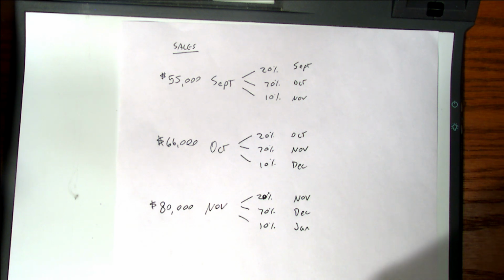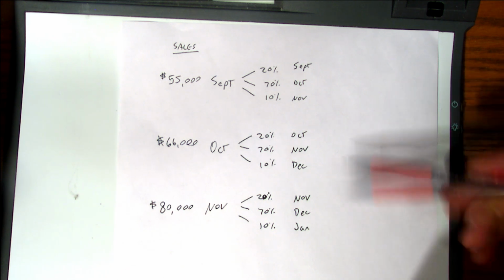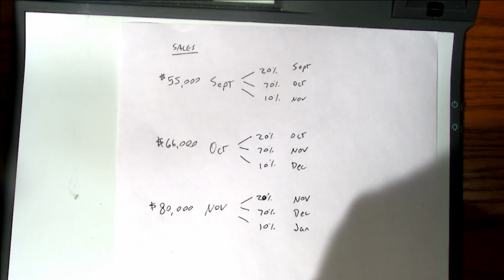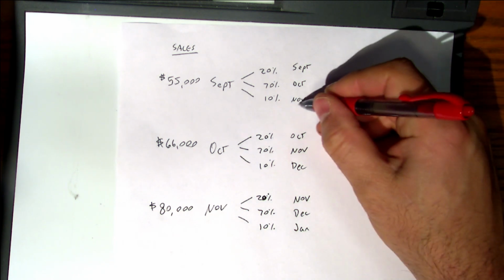Now, what are they specifically asking us to prepare in this quick study? A cash receipt for what month? November. They want us to prepare a schedule of cash receipts for November. So I'm a very visual person. I always kind of have to write this out. And then what I do is I look for November.